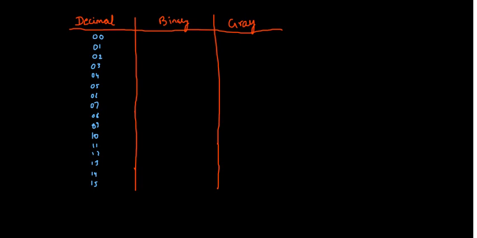In the binary form we all know this already, so just write it down very quickly. 0, 0. You can try this exercise by pausing the video and writing every number in binary format, while I complete it in the meantime, and you can fast forward and check how much we have learned in the binary form.